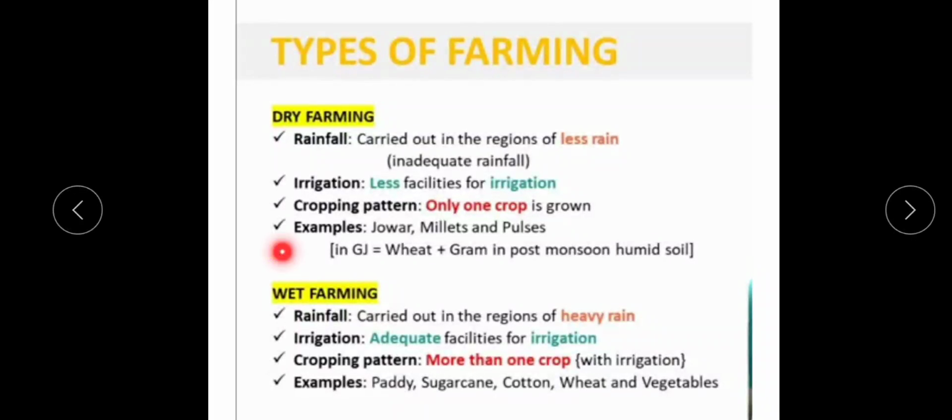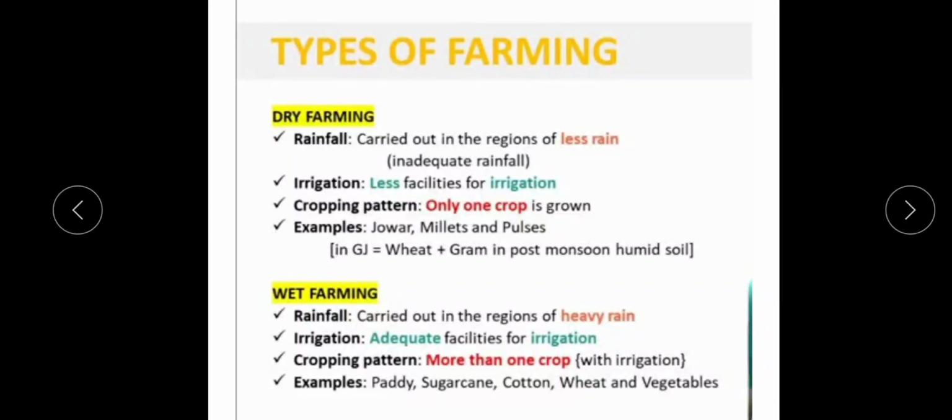In Gujarat, wheat and gram are grown in humid soil, but in post monsoon. Post monsoon means after the monsoon is over.